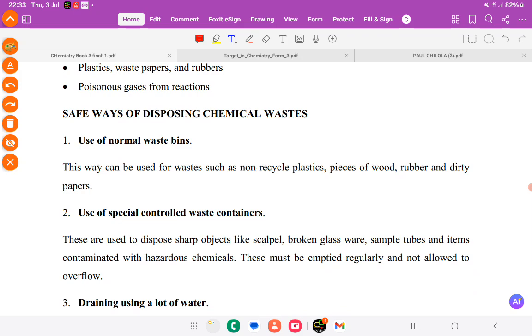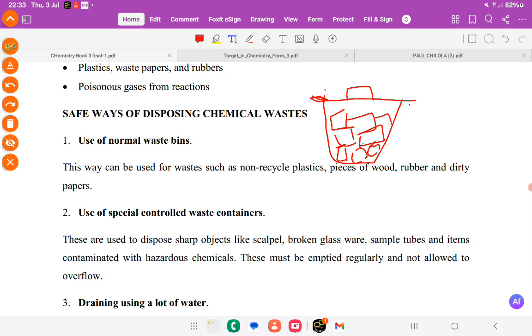A bin is just a container which is carefully designated, strategically placed in your lab. Usually it has a lid, right? So you throw your waste into it until it is filled up.